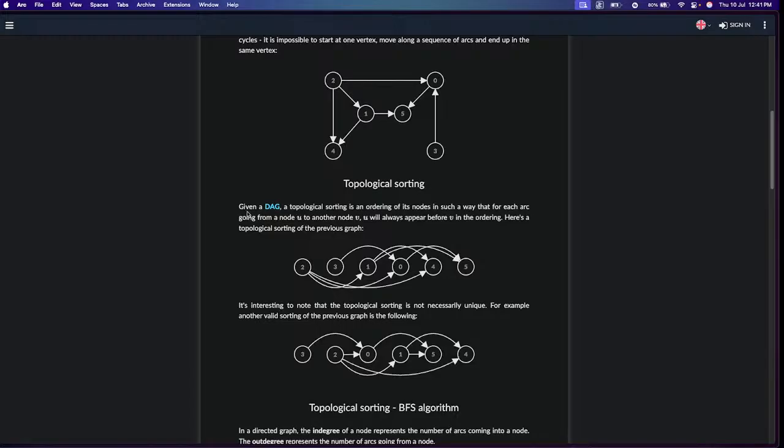So if you read through this, it says that a topological sorting is an ordering of the nodes in such a way that each arc given from node U to another node V, U will always appear before V in the ordering.